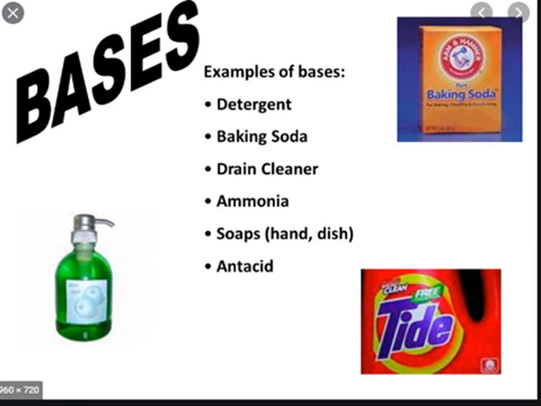When our stomach has excess hydrochloric acid, then for the neutralization of that excess acid we use antacid. These antacids have bases like sodium bicarbonate and milk of magnesia. One example is ENO, and so many antacid tablets have milk of magnesia.